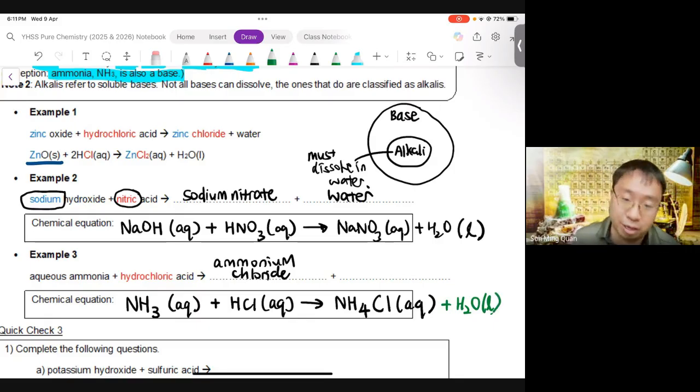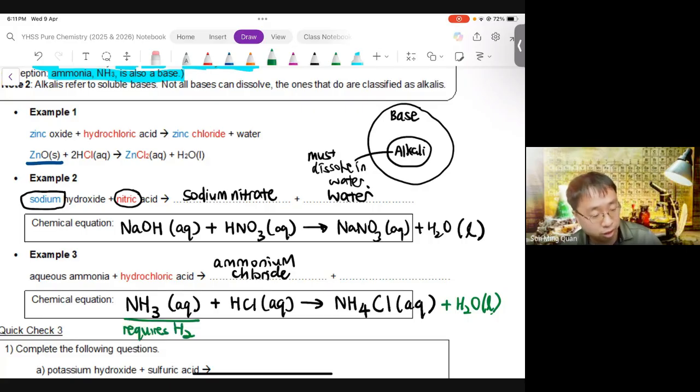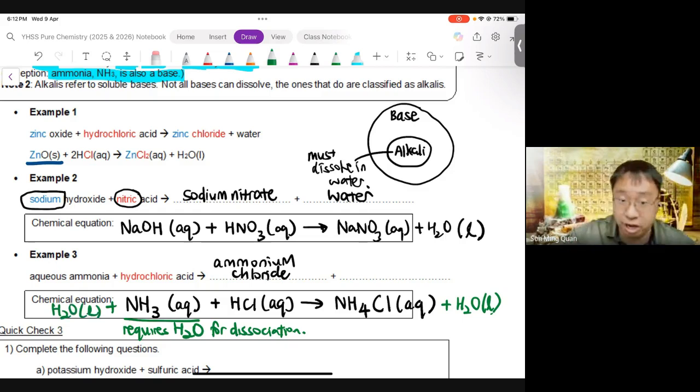It doesn't show up in the equation because aqueous ammonia requires water for dissociation. There is no oxygen in the formula of aqueous ammonia. That means I needed to add H2O on the left. I need to put in H2O for it to dissociate first. Then it produces water at the end.